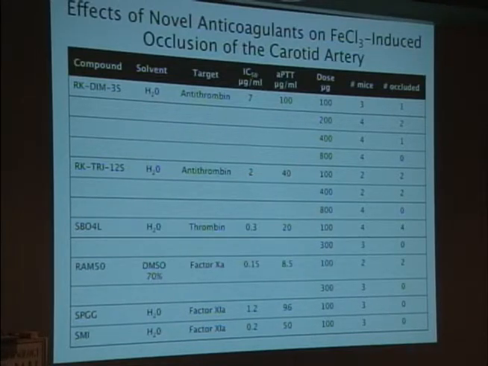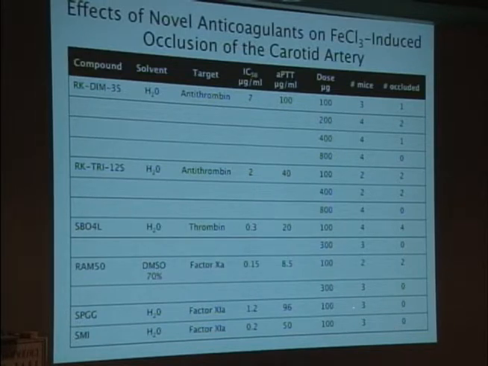Now, I think we have a lot of work to do. I'd like to try different thrombosis models, and maybe the laser injury model would be a great place to look at these drugs. We also noticed that if we crank the ferric chloride concentration up higher to 5%, and remember, 5% ferric chloride injury was a concentration where conventional dose heparin failed most of the time to protect the mice from thrombosis, these agents were not protective.